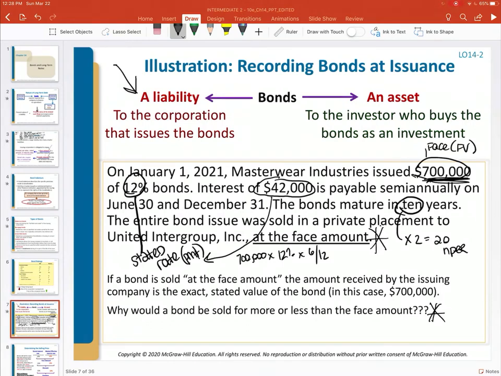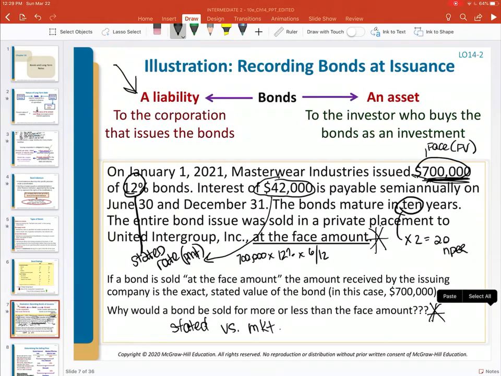The answer to that question is going to be really focused on the stated interest rate of our bond versus the market interest rate that's going out in the bond market.